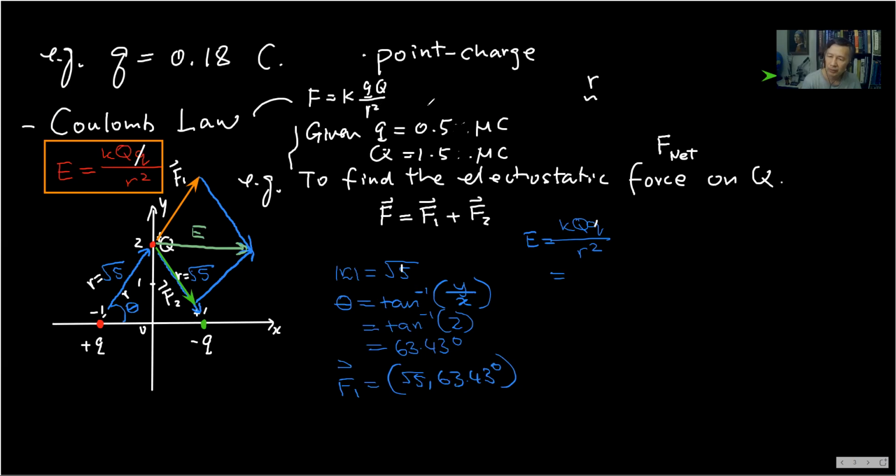And for the electric field, which we're not going to use in this problem, E for each charge can be written as Q divided by R squared, if that is for a single point charge. But we are not going to use this formula here. Be careful. We are looking for the force, not the electric field.